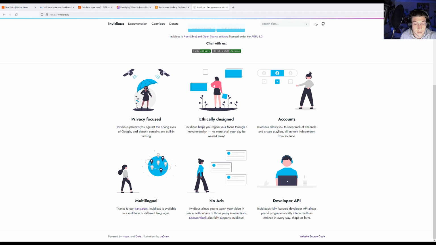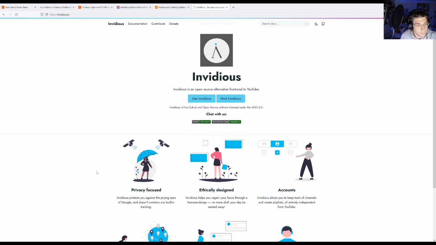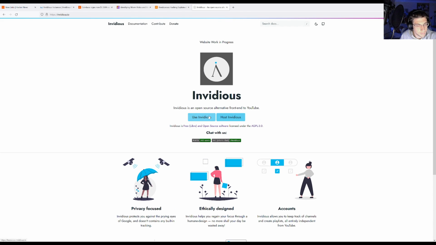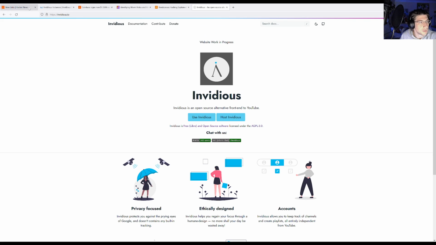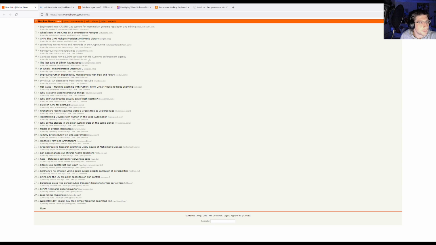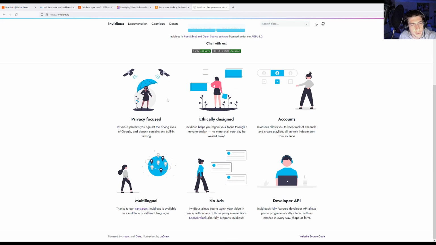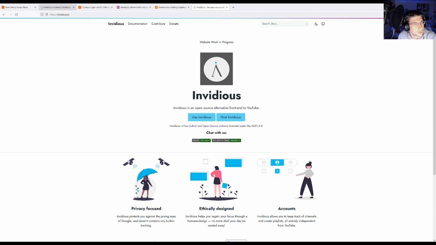No ads. Developer API. Multilingual. That's cool. Very cool. The privacy way to it blocks ads too, so maybe there's value in using this. That's pretty cool. I like it.